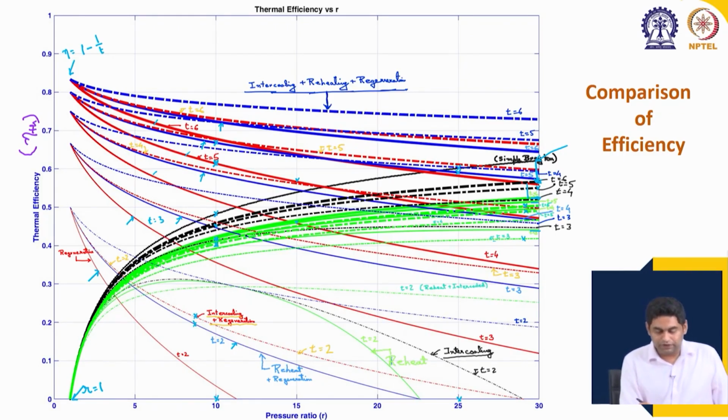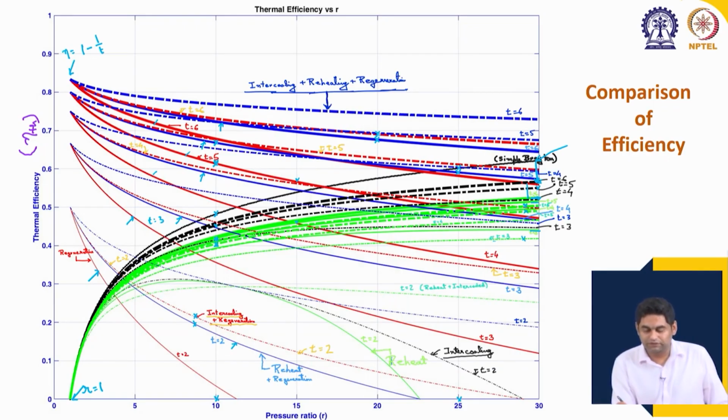You can see, for example, for t equal to 6, at r equal to 20, this is the value without intercooling but with reheat, and the red dashed line is for intercooling plus regeneration. In one case intercooling is added to regeneration, in another case reheat is added to regeneration. So, intercooling has a stronger effect.